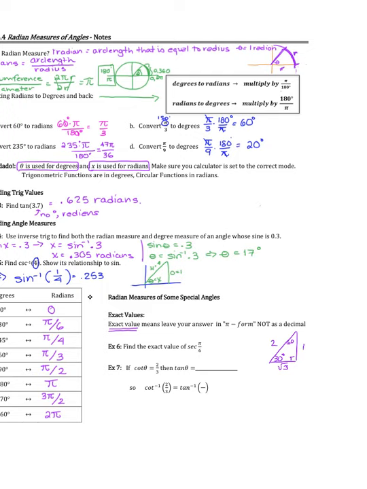So the exact value for secant of 30 degrees, secant represents the hypotenuse over the adjacent, because it's the reciprocal of cosine. So this would equal 2 over root 3. As far as I'm concerned, you can leave it like that. Now, if you want to write that as 2 root 3 over 3, that's fine. That's on you.